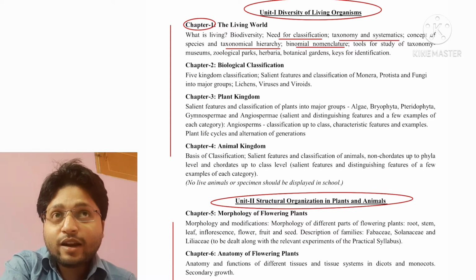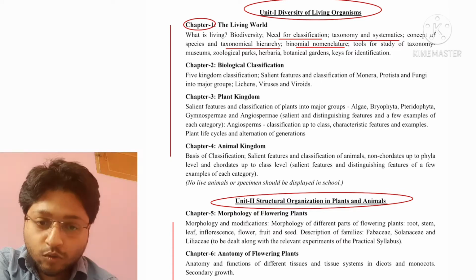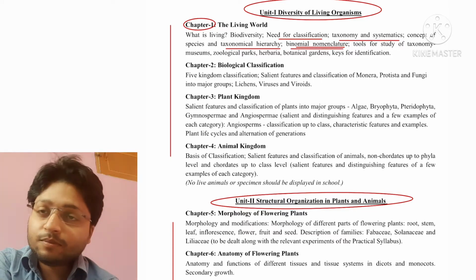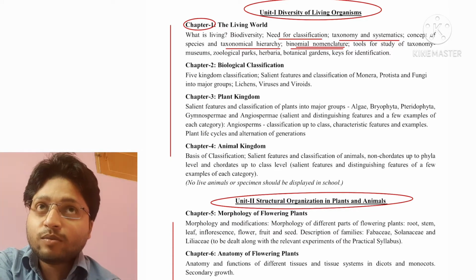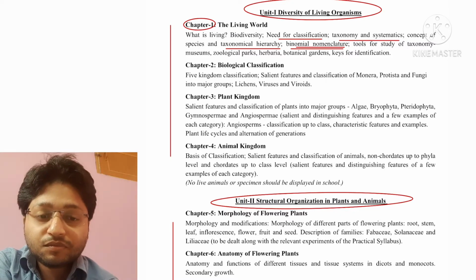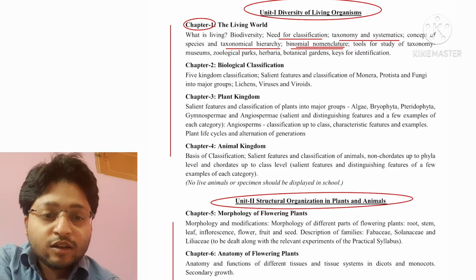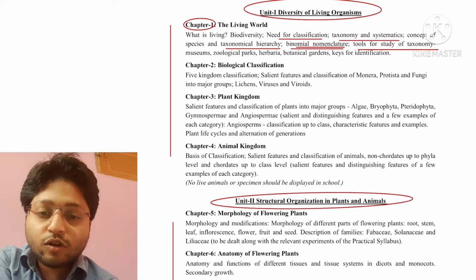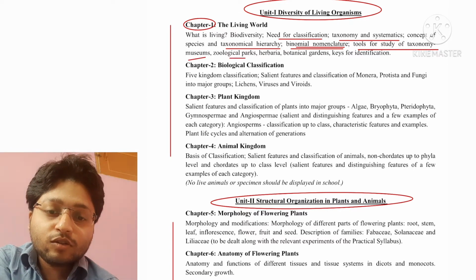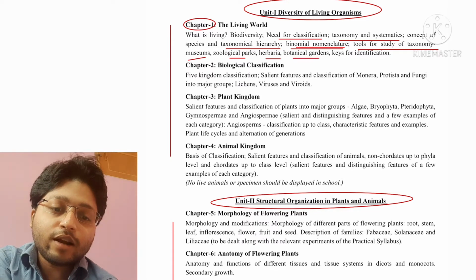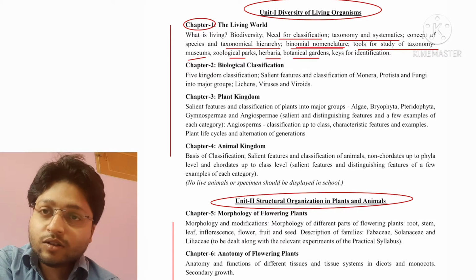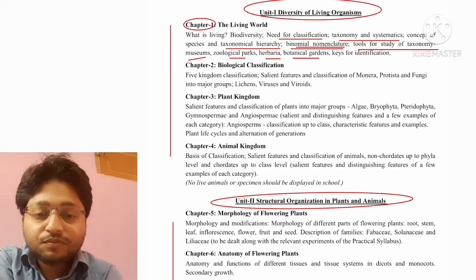You will also learn the rules of binomial nomenclature, that means how taxonomists give a name to an organism. Next, tools for studying taxonomy like museum, zoological park, herbarium, botanical garden are also present in this chapter.